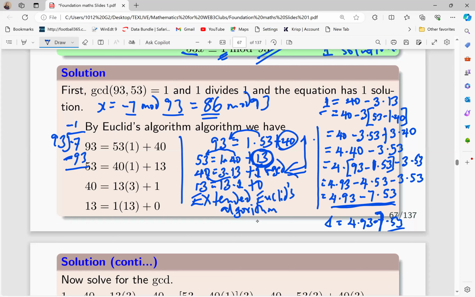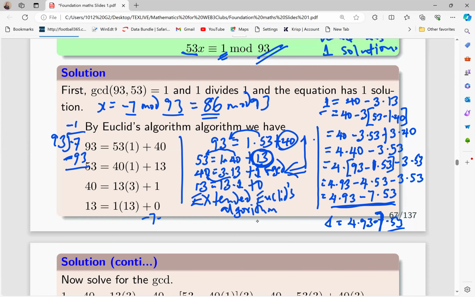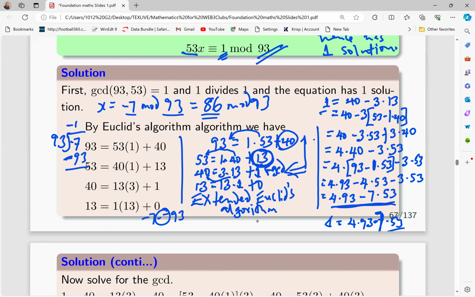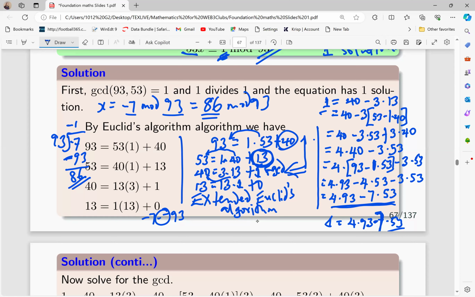When you subtract, negative 7 minus negative 93, this becomes positive. You get 86. So 86 is the answer they are looking for. It's that number which, when multiplied by 53 and then divided by 93, the remainder will be 1. 86 is that number.